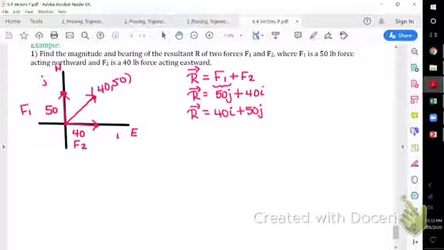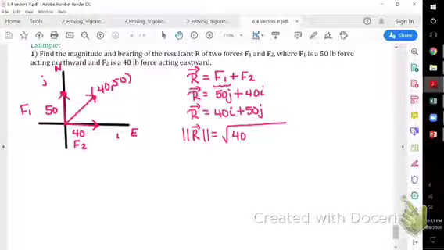From there we can find our magnitude, because the magnitude of a vector is equal to the square root of the components squared.